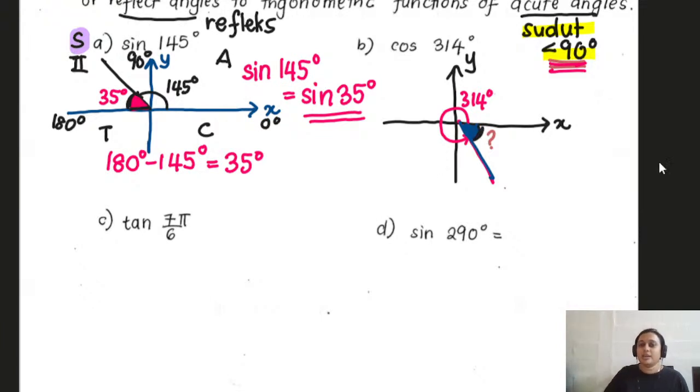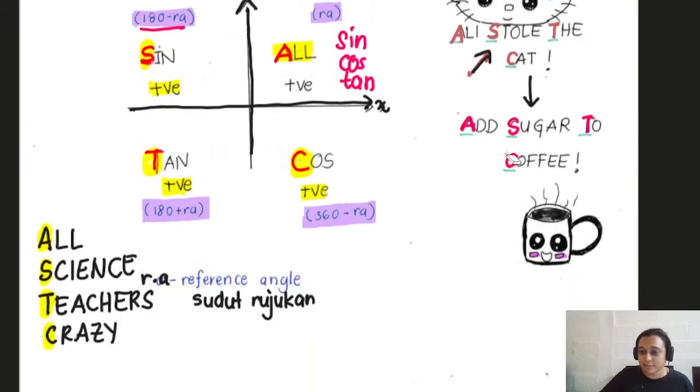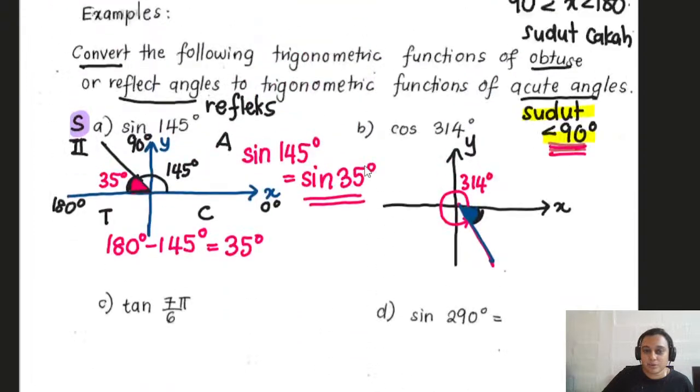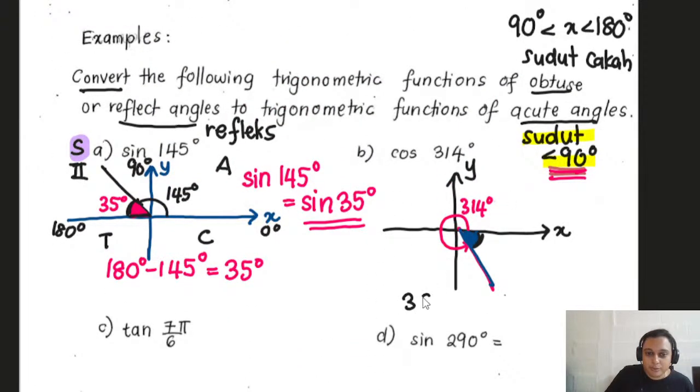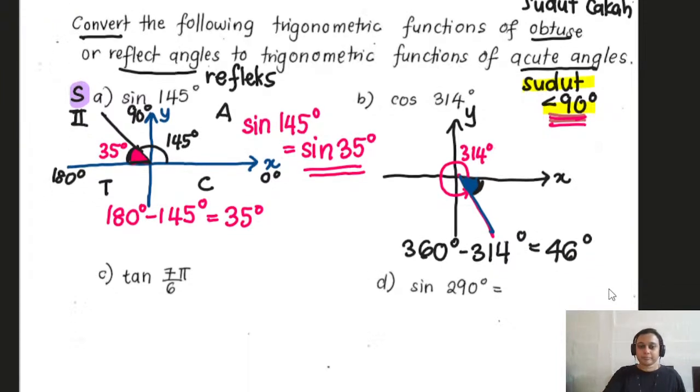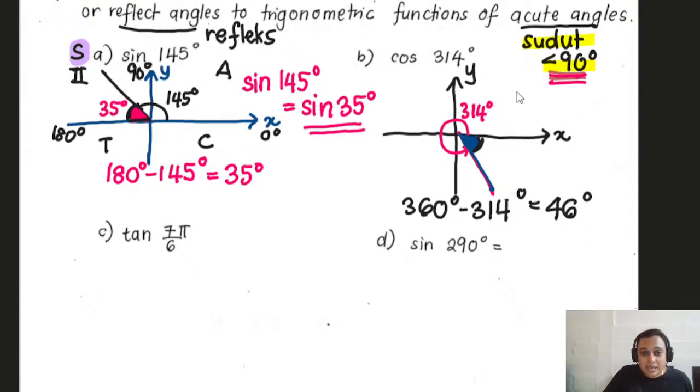Cos is positive. So here what is the reference angle formula? Go back up, just now teacher gave, right? 360 minus the reference angle. So 360 tolak 314, dapat 46. Yes, betul. So here, All Science Teachers Crazy, that means your cos is positive, isn't it?